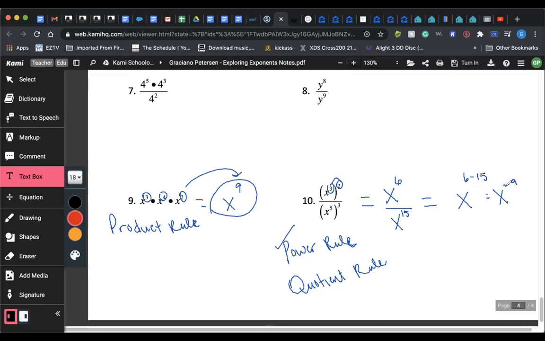Okay, and then we have one more rule to apply, the negative power rule. So we have x to the negative 9, which we can't leave like that. So we turn it into 1 over x to the 9th.